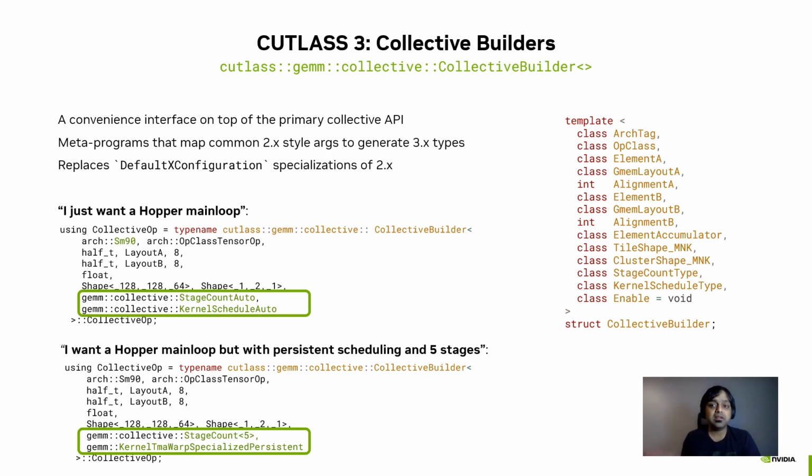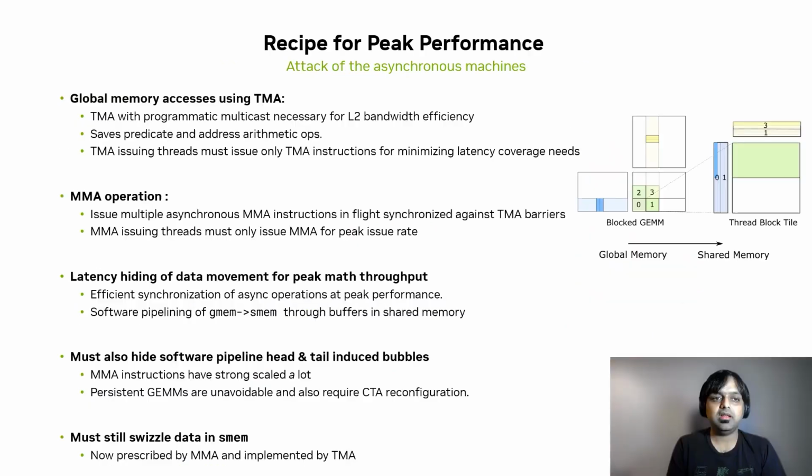And the benefit of this builder is that it adapts other template parameters needed to be passed into the kernel automatically. And if it is not possible, it provides a clear static assert message. Here we show two examples where users can exactly specify the kernel schedule like TMA warp specialized persistent with 5 stages, or just ask the builder to pick the most optimal stage count and schedule for this particular architecture by passing in these auto types.